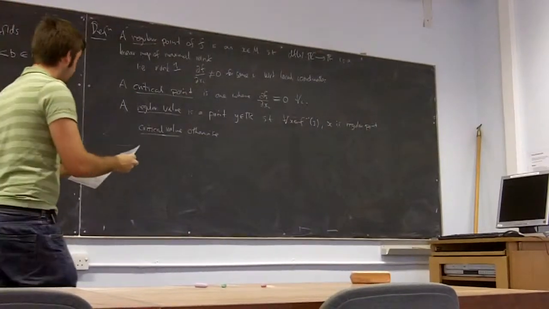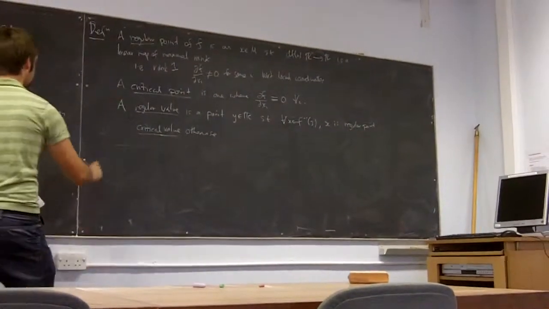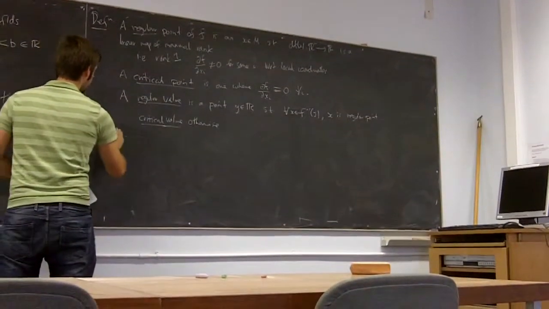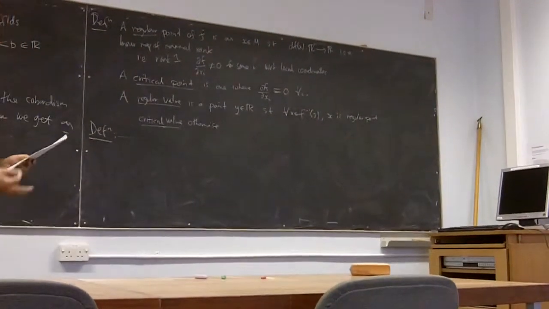Okay. So now we can distinguish between critical points by whether they're degenerate or non-degenerate.